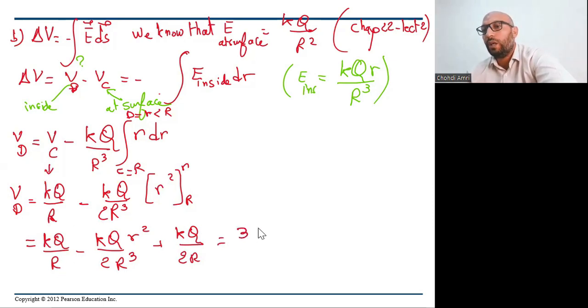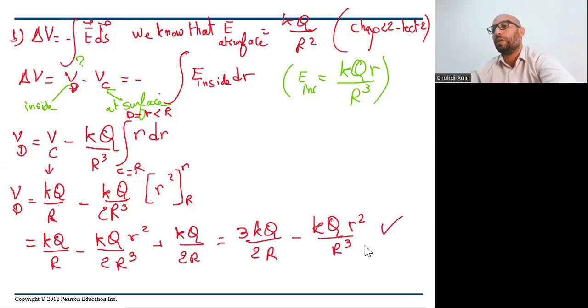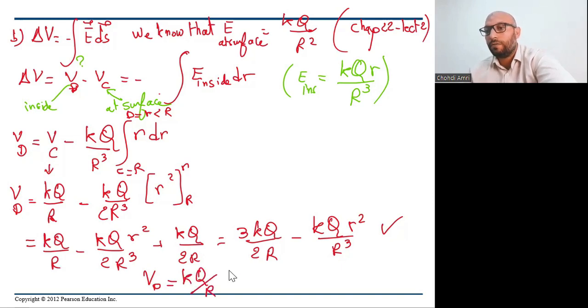So it will be 3KQ over 2R, okay, minus KQ r squared over R cube. And this is our electric potential. We can go further with this equation to get V at the point D inside equal to KQ over 2R factor of 3 minus r squared over R squared. That's all.